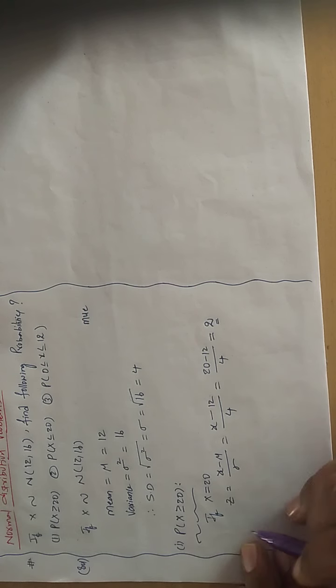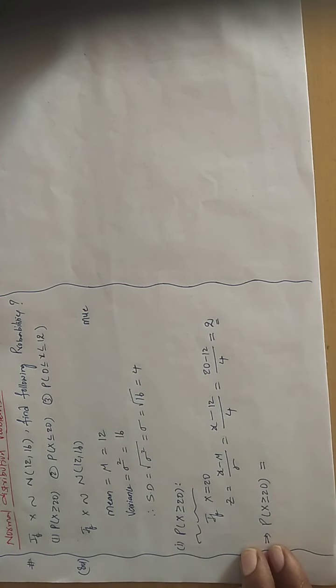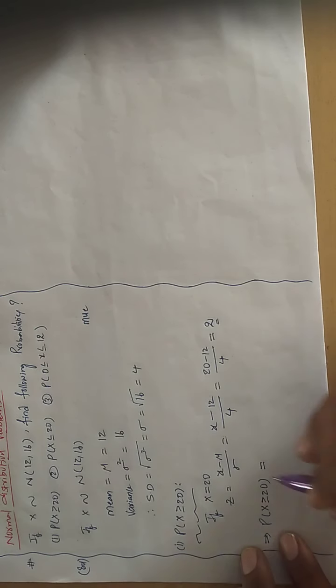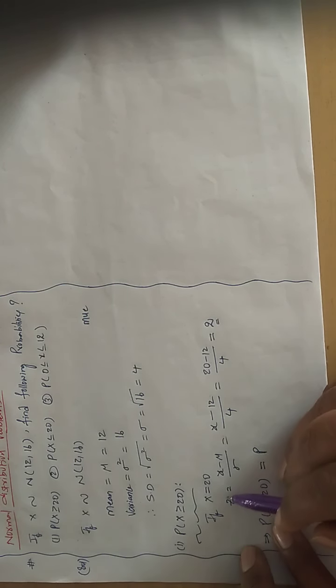So before that, what is required? This implies probability of x taking all the values which are greater than or equal to 20 becomes equal to probability of, now we converted the normal variate into one more form, the standard normal variate.